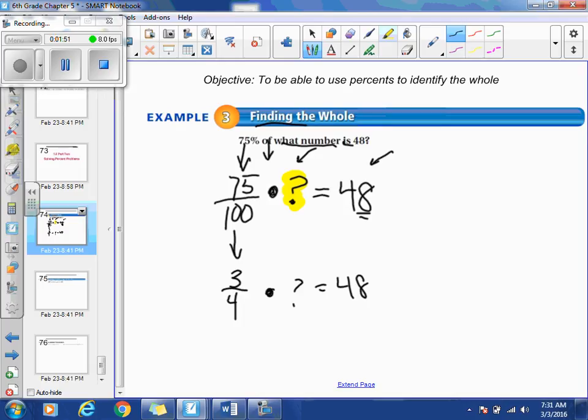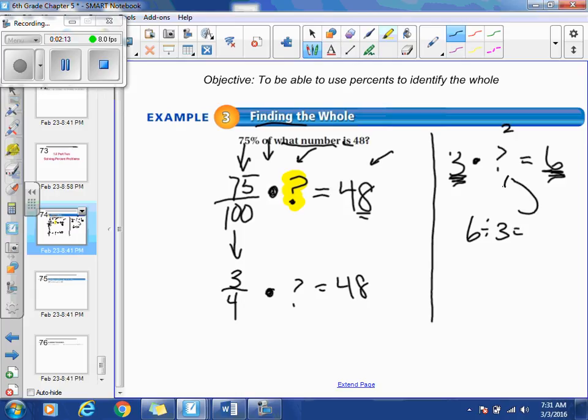To help you understand this, I am going to show you another example just off to the side. What if we said 3 times what equals 6? The answer is 2, right? 3 times 2 equals 6. How could we get that? Couldn't we take our answer and divide it by one of these factors? Couldn't we take 6 divided by 3 to find out what this missing number is?